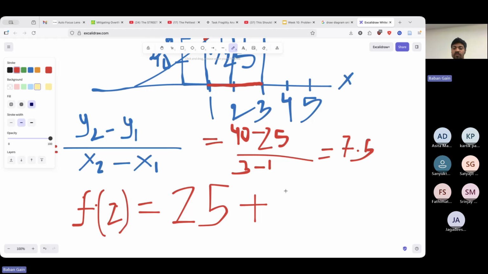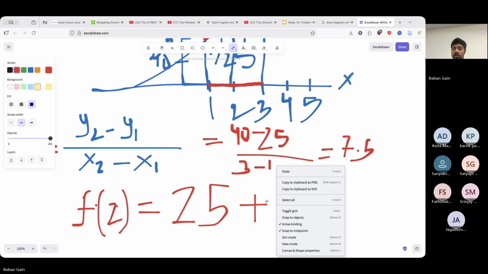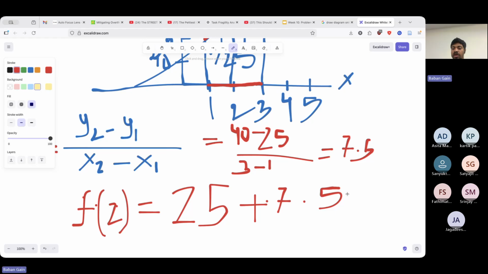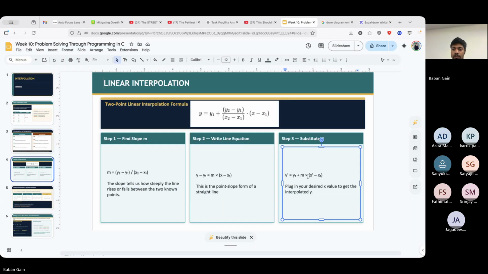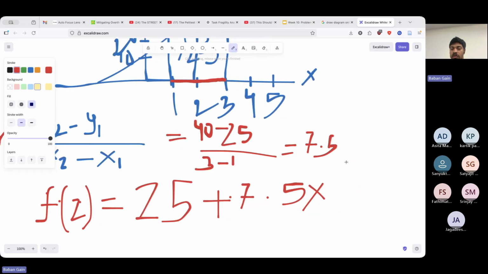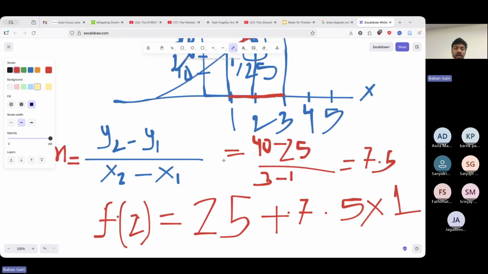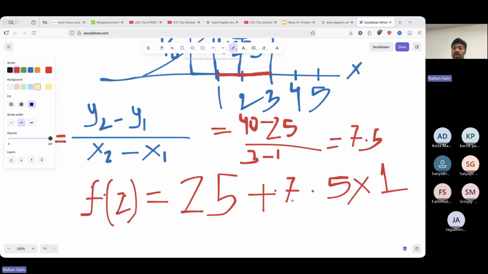So it will be 7.5 multiplied by x prime minus x1. So x prime here is the current value, which is 2, and x1 is 1. So 2 minus 1, which is 1. So the value of f of 2 will be 25 plus 7.5, which is 32.5.